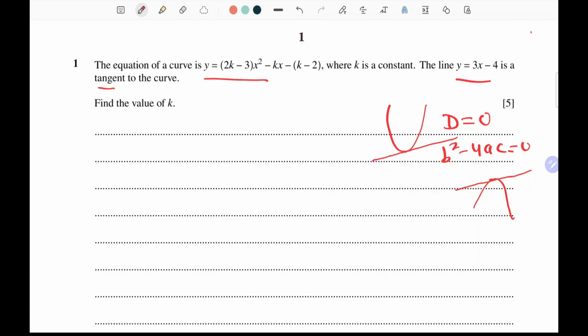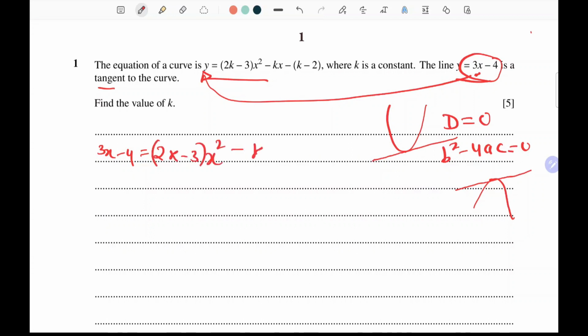Okay, so let's solve. We need to substitute this y equals this y. So we will get 3x minus 4 from here, you can check. And then this is (2k minus 3)x squared minus kx, and this is minus k, and that's plus 2.